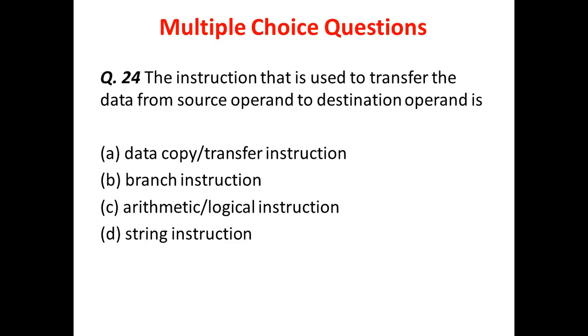The next question: the instruction that is used to transfer the data from the source operand to the destination operand is data copy or transfer instructions, branch instructions, arithmetic or logical instructions, or fourth, string instructions.